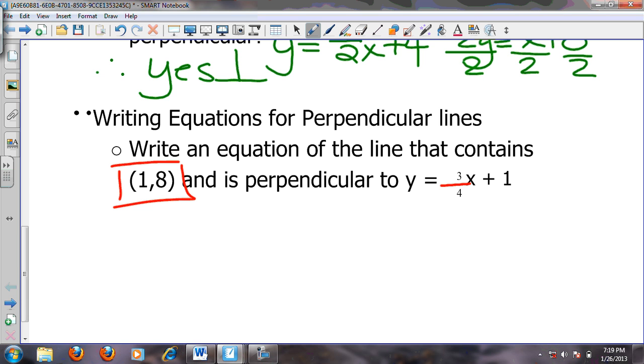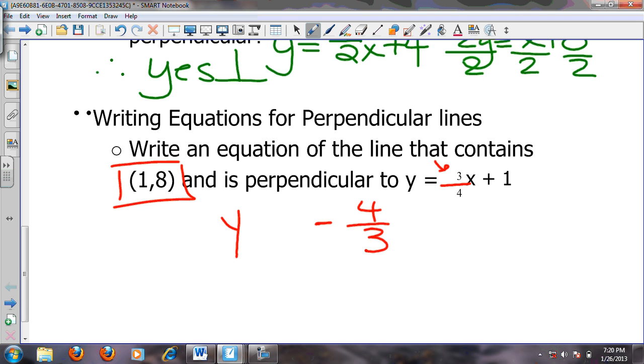Since I have the slope, and I know that for a perpendicular line my slope needs to be the opposite reciprocal. The reciprocal of 3/4 is 4/3. The opposite of positive 3/4 is negative. So there's my slope. Now I have a point, meaning I'm going to use point slope.